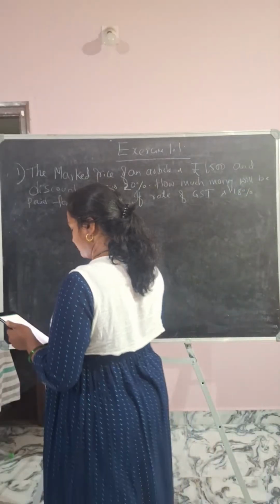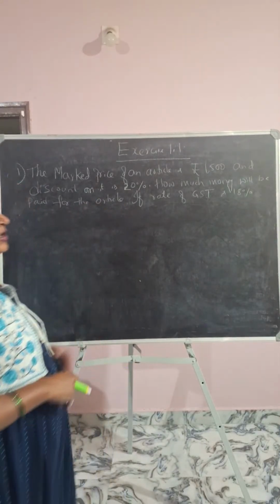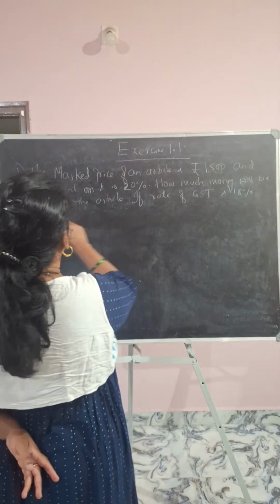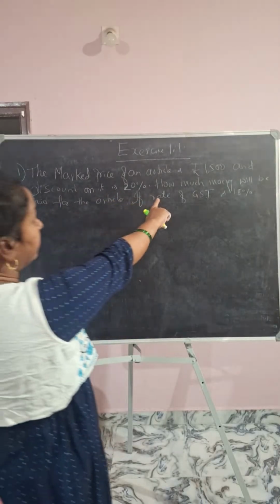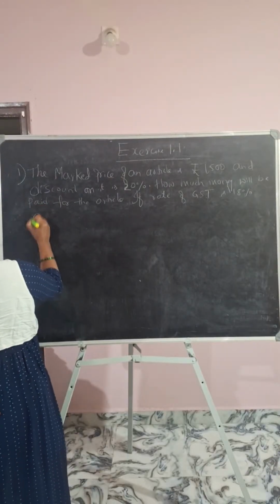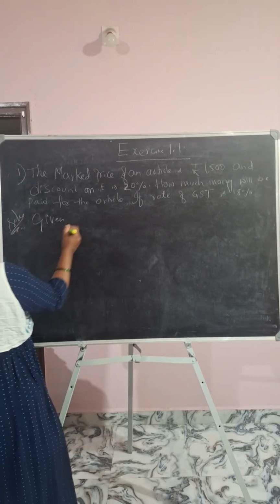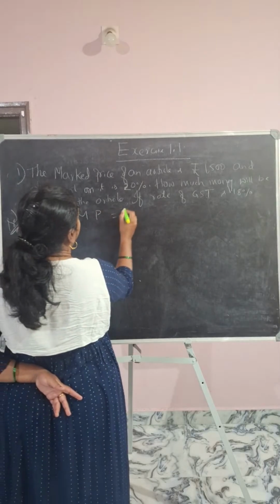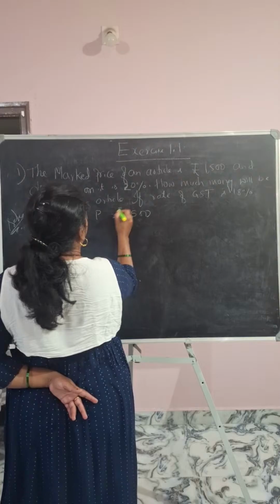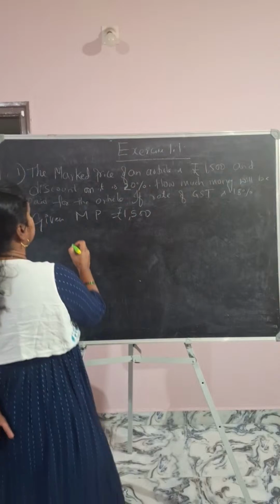Now let us note down the given things. Here it is mentioned that the market price of the article is 1500. That means given market price is equal to 1500 and the discount on it is 20%.